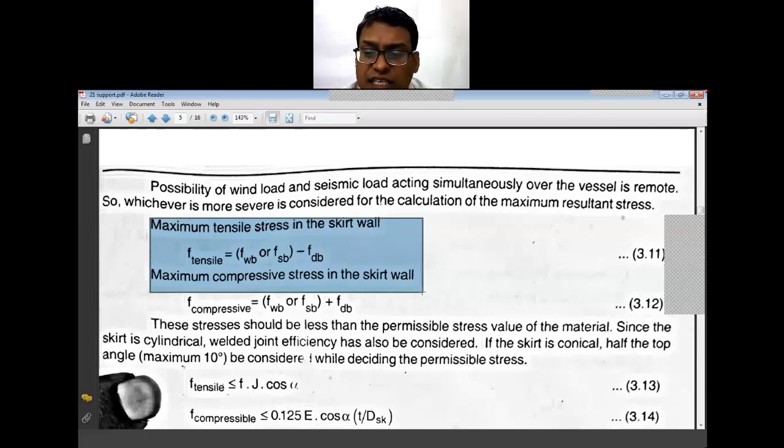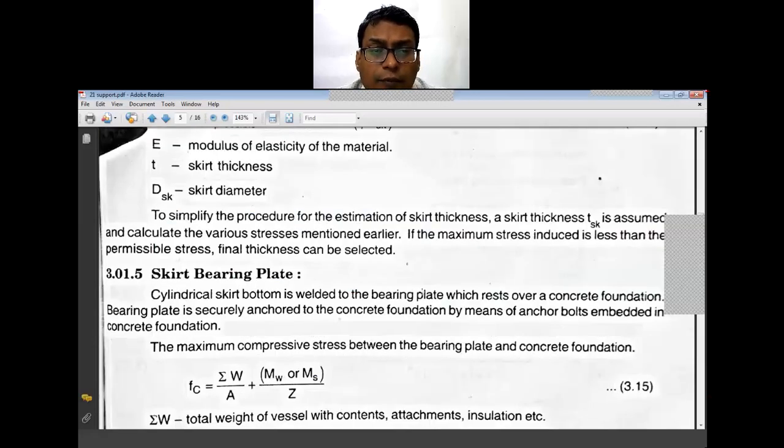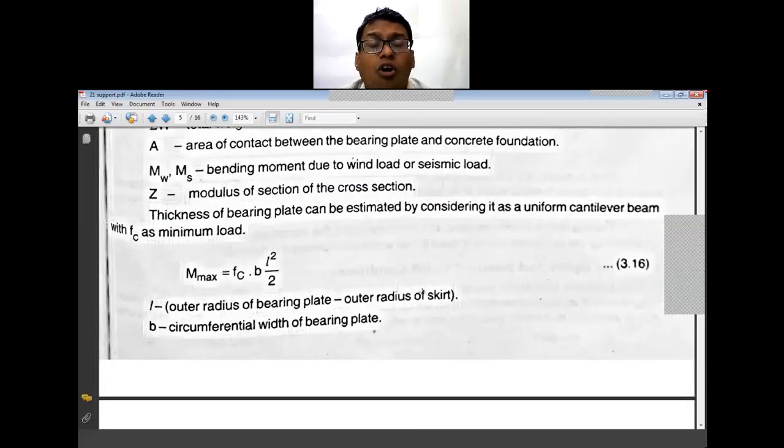Those stresses have to be calculated, and then these developed stresses have to be balanced by the skirt bearing plate, and the concrete foundation should be strong. On that concrete foundation, whatever attachments are provided, you can also see these different attachments related to street lamps.